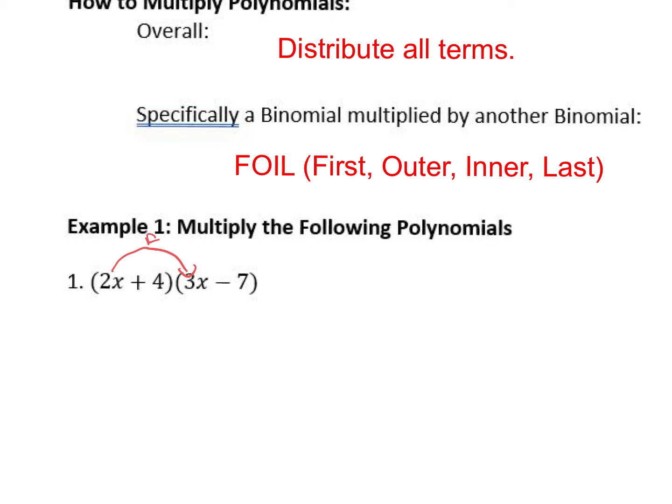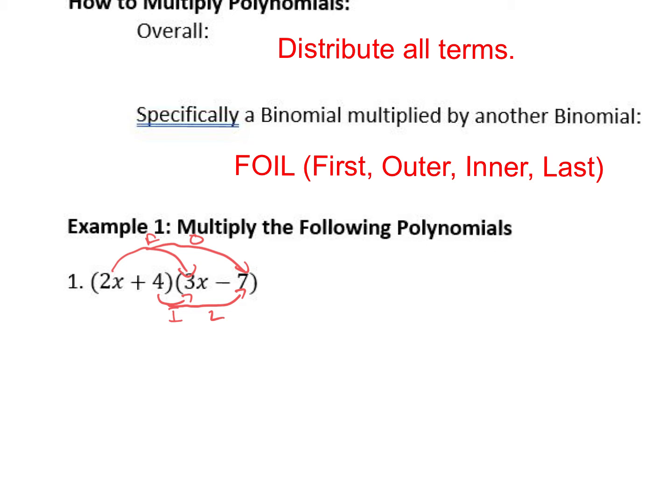The outer would be your outer terms, and then you'd have your inner terms, and then the last terms. And that's where we get FOIL from. You can see the first term we're distributing: 2x times 3x, 2x times negative 7, the 4 times 3, and then the 4 times negative 7.